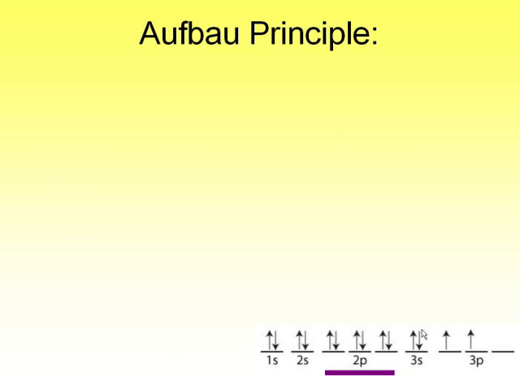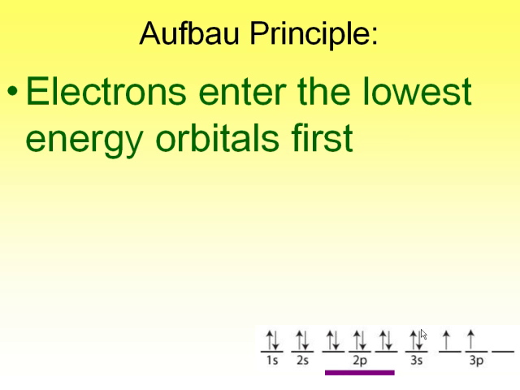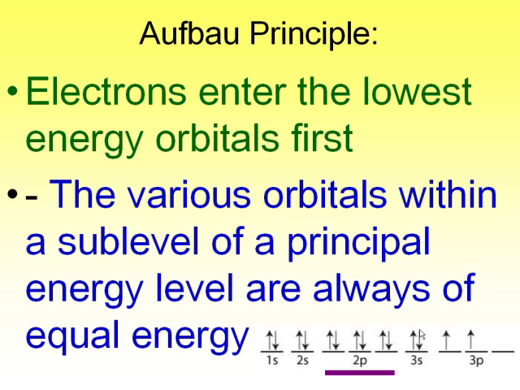Aufbau principle. Electrons will enter the lowest energy orbitals first. The various orbitals within a sublevel of a principal energy level are always of equal energy.